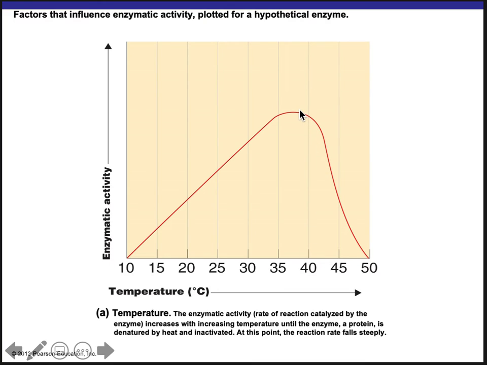Because we're not talking about just one single enzyme. When we're talking about things in the body, things in a cell, right? Even just one cell is going to have enough enzymes that you won't denature every single enzyme instantaneously, right? But they will start to denature, and that's why you get this steep drop off.